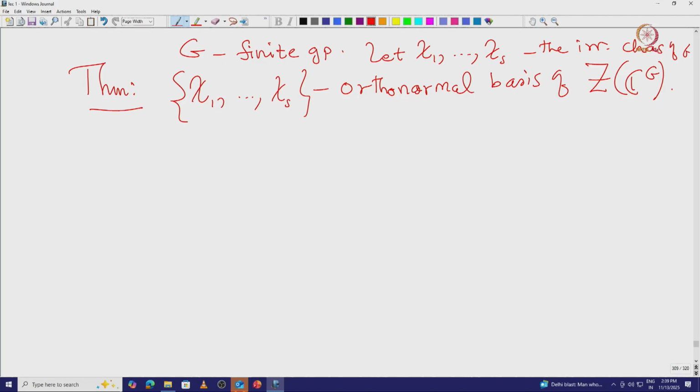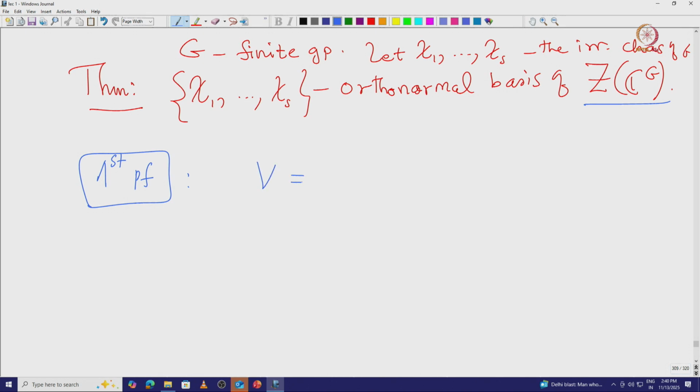There are two ways to prove this result. The first proof which I am going to give is this: in order to prove that these irreducible characters span this entire space of class functions, we prove that the orthogonal complement of the span of these irreducible characters is going to be 0.